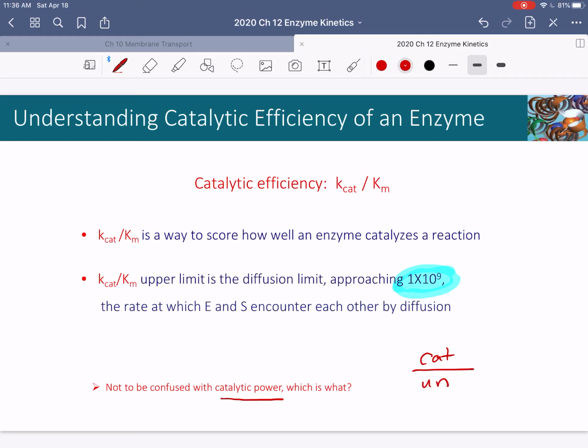So that's how many fold faster the reaction is in the presence of enzyme compared to in its absence. And that also should be a large number because the catalyzed rate is larger than the uncatalyzed rate, right? So both of these values should be large for a good enzyme.